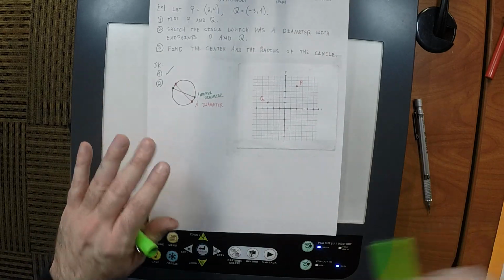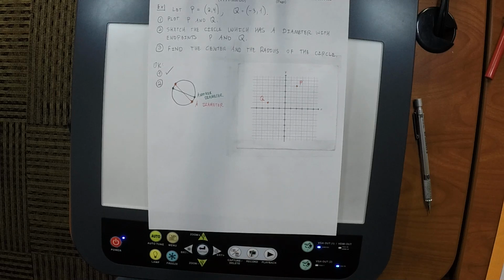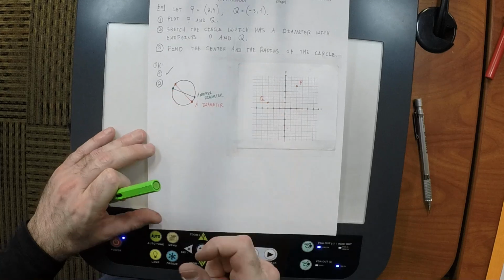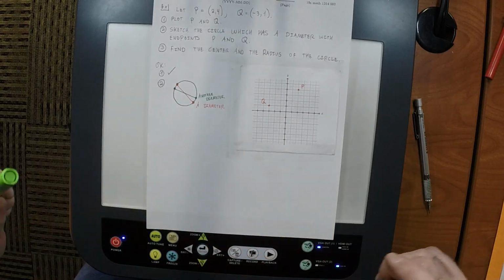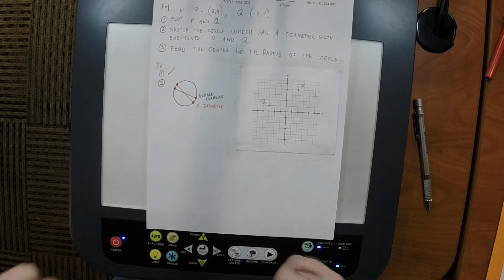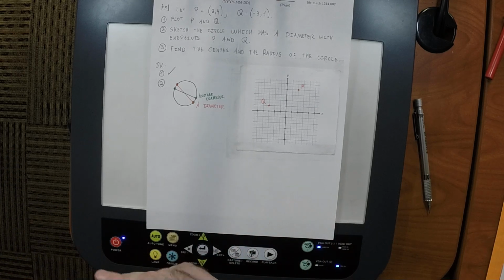So a circle has infinitely many diameters, because you could just twist the segment around to get another one. But when you say the diameter, you're talking about the length of any one of those diameters, because all of them have the same length. That's what it means to be a circle.